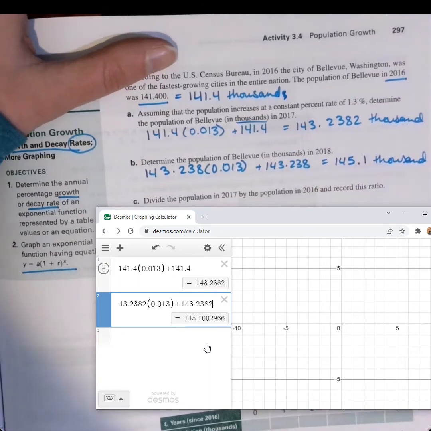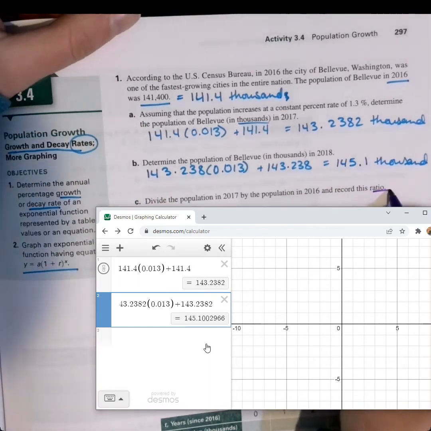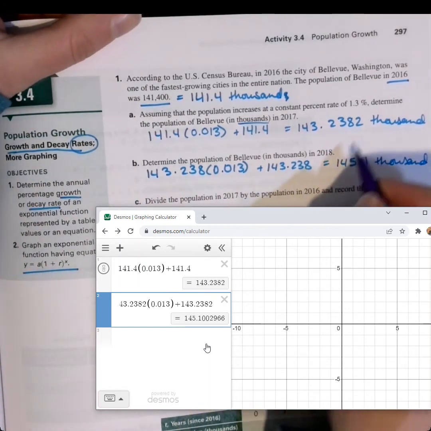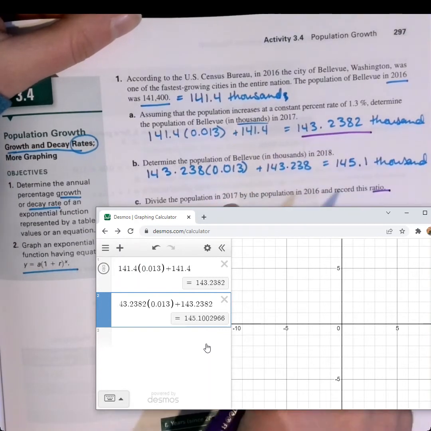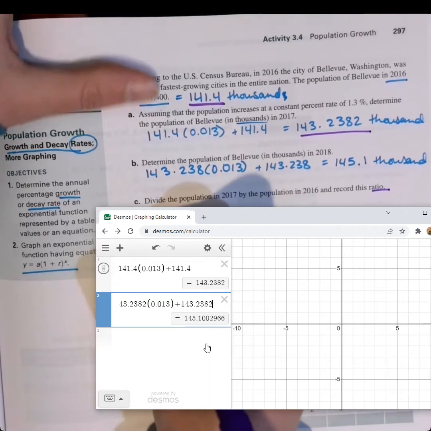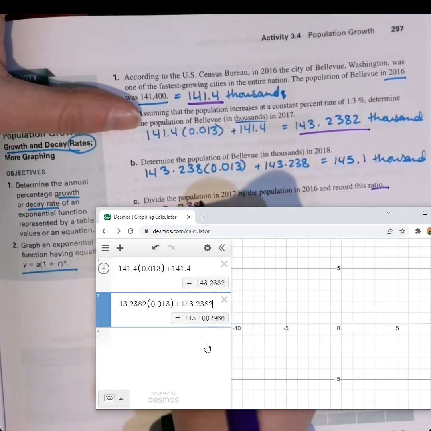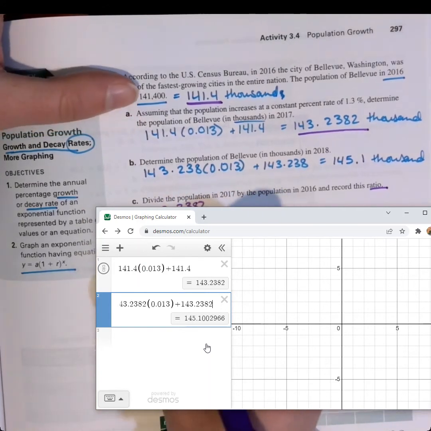Okay, so now we want to compute the ratios. We're going to do the ratio of 2017 to 2016 first. So we're going to have our 143.2382 divided by our 141.4.